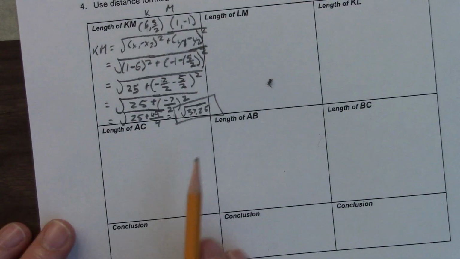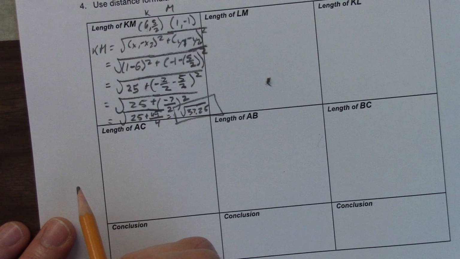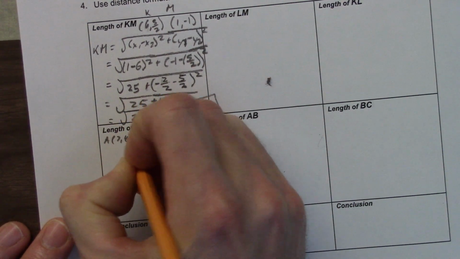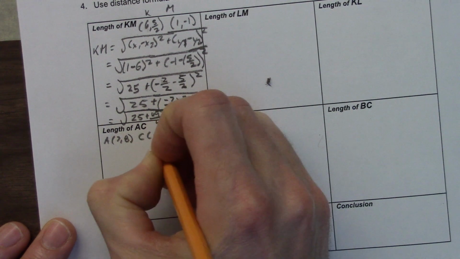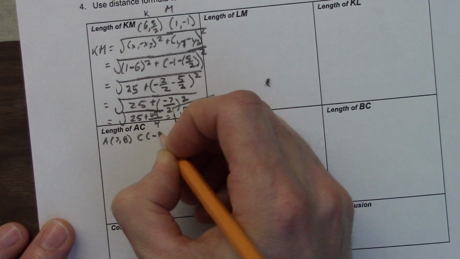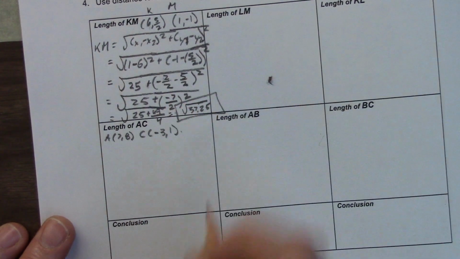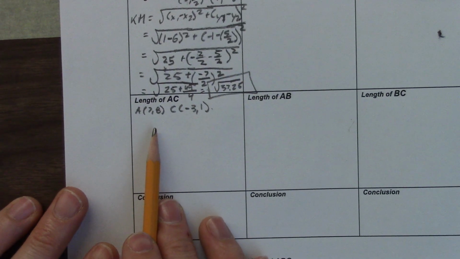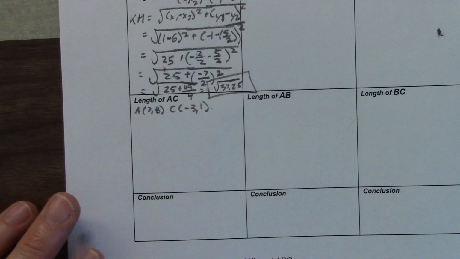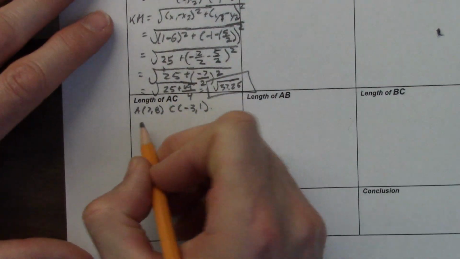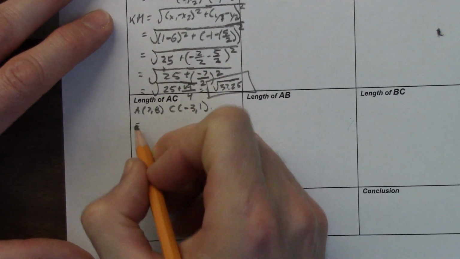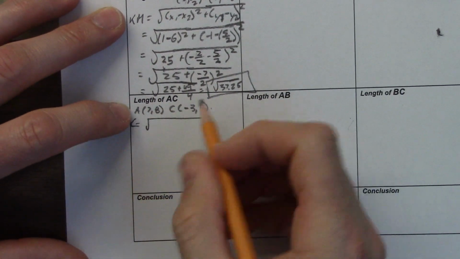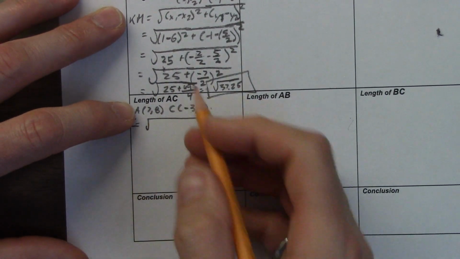Now to check the length of AC, I know that my A is (7, 8) and C is (-3, 1). So this is going to be equal to my length of AC, so I'm going to do square root of x2 minus x1.